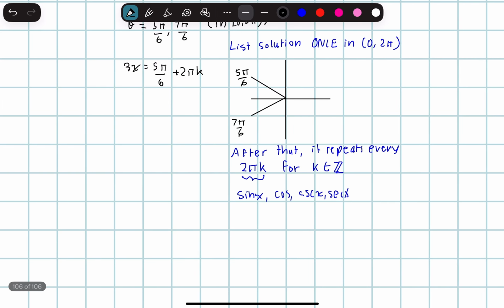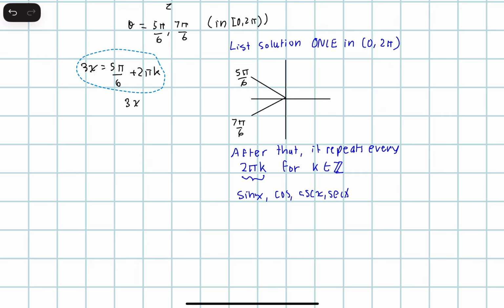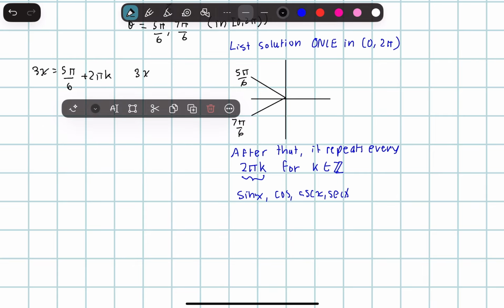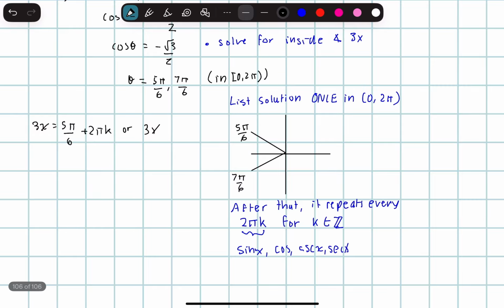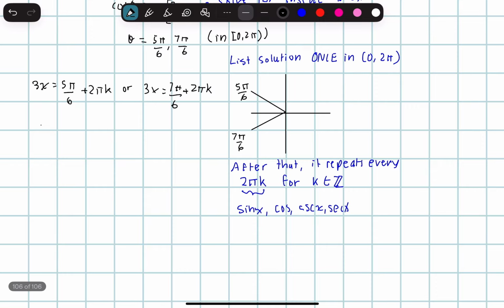Okay, so now I'm just going to write it like this so that you can see them side by side. 3x is equal to 5 pi over 6 plus 2 pi k, or 3x is equal to 7 pi over 6 plus 2 pi k. Okay, now we're going to divide by 3.